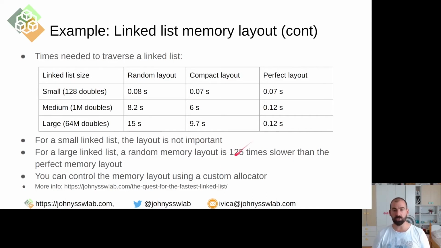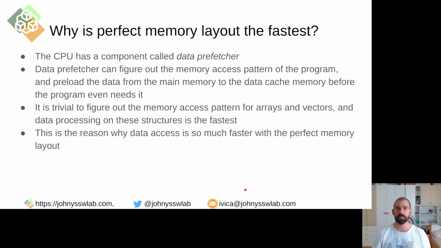Now, you can control the memory layout using a custom allocator. So why is the perfect memory layout the fastest? The CPU has a component called the data prefetcher. So data prefetcher is a component of the CPU that can figure out your program's memory access pattern, and then it preloads data. It loads the data from the memory to the data cache before the CPU even needs it.